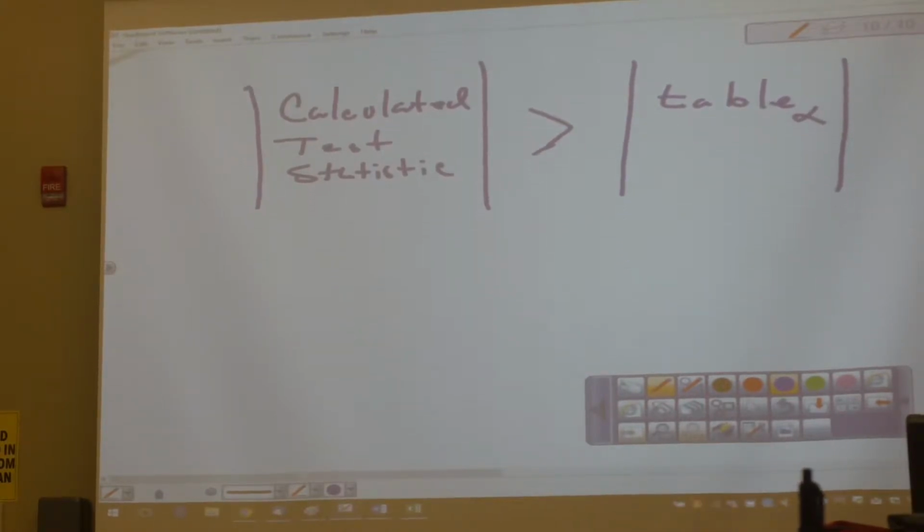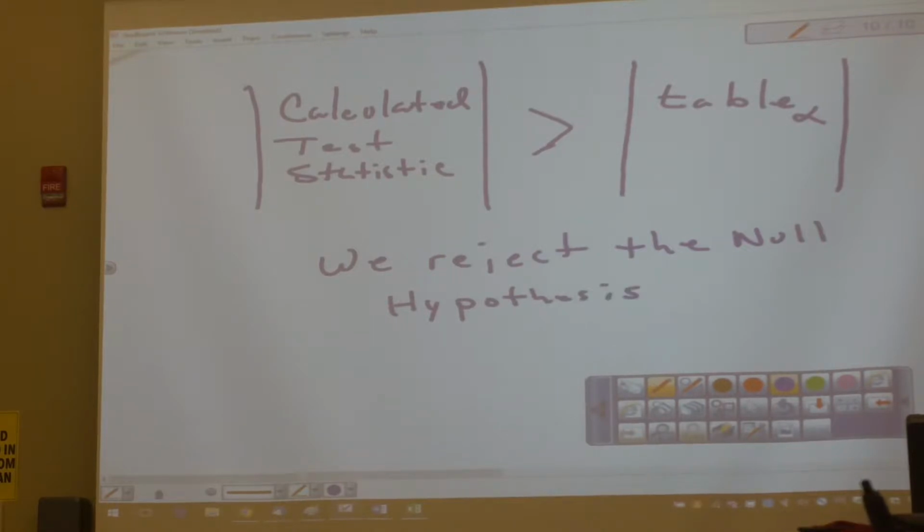if the calculated test statistic is greater than the table value, we reject the null hypothesis. The null hypothesis was what?